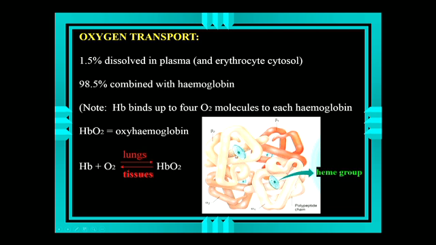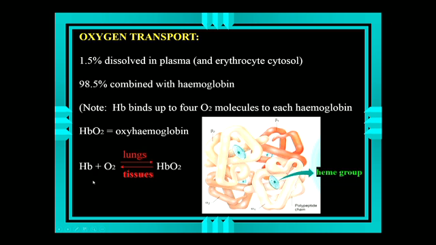When the hemoglobin molecule is fully saturated, that is, there are 4 oxygens bound to it, we call that molecule oxyhemoglobin. And notice that obviously that process is fully reversible.